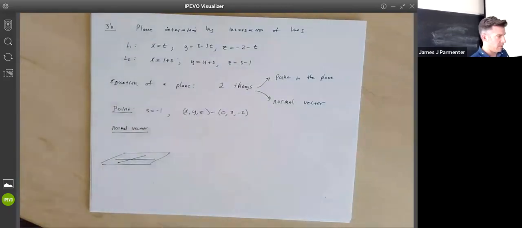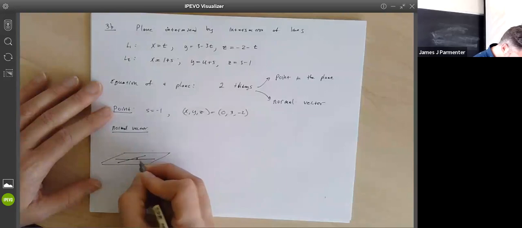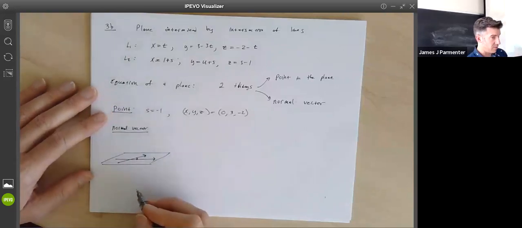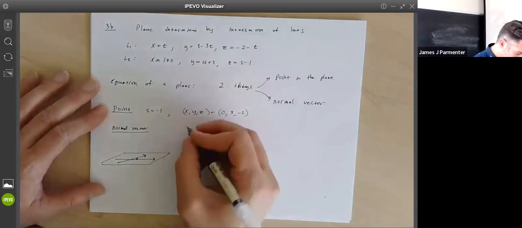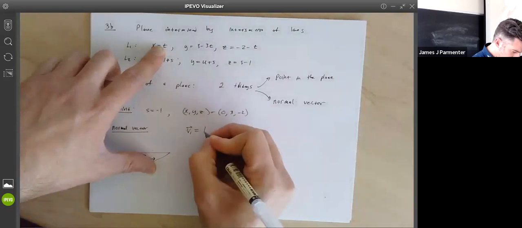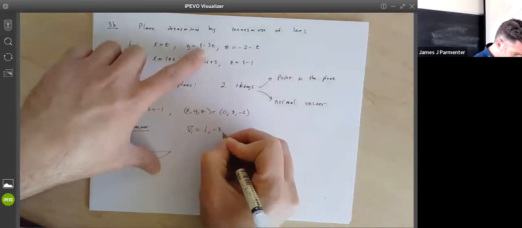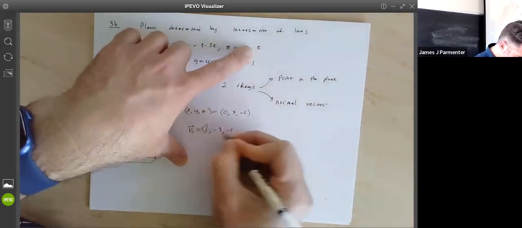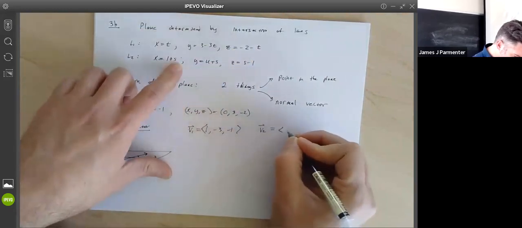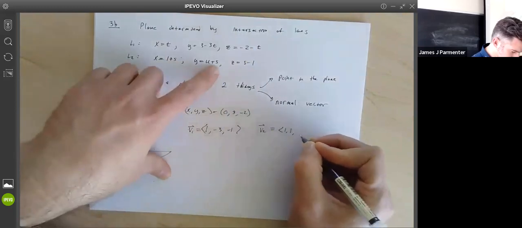They might look like I've drawn them that way, but my angle is not necessarily perpendicular. Well, I certainly know the vectors for those lines. The L1 vector is 1, -3, -1. And the L2 vector is 1, 1, 1, the coefficients of s.